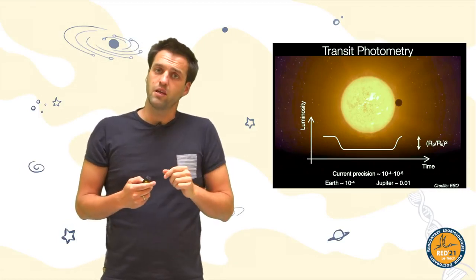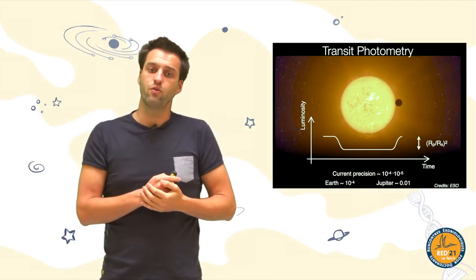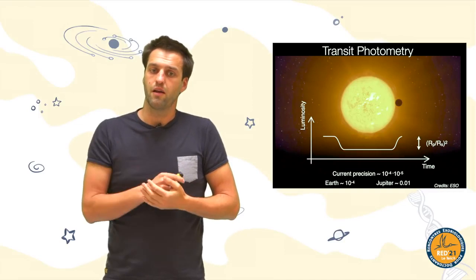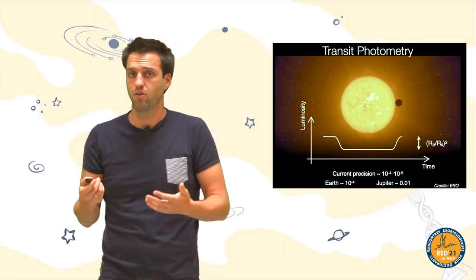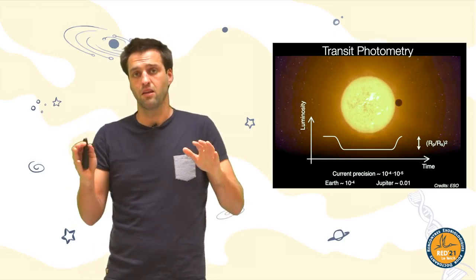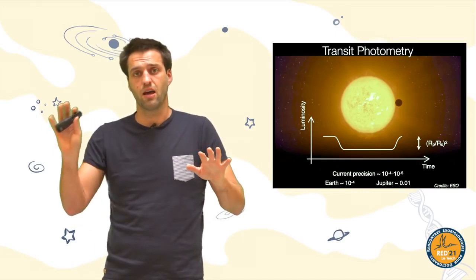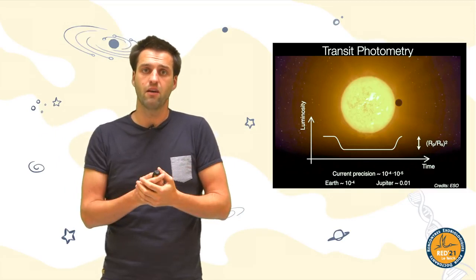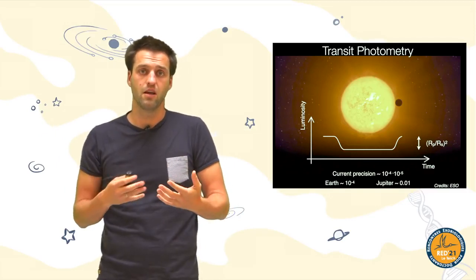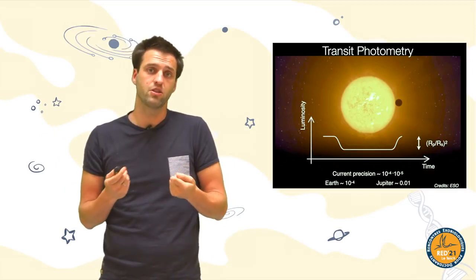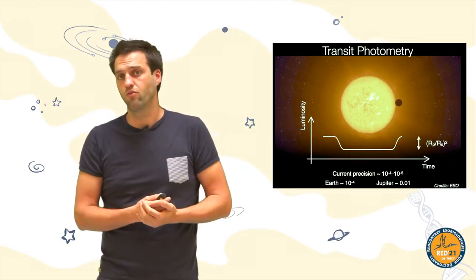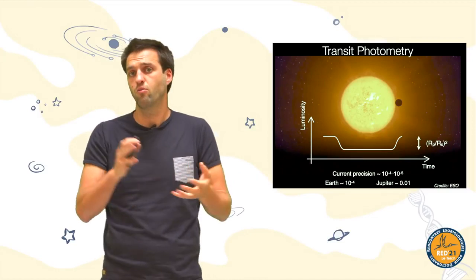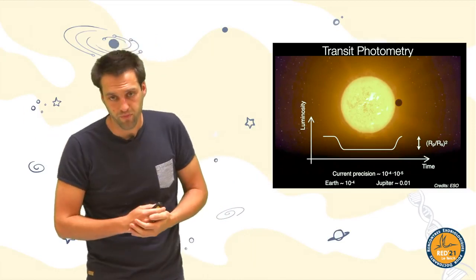That's really interesting, because it means that if we know a bit the star, measuring the photometry will tell us the size of the planet, not its mass. And if we can combine the two, we're going to have size and mass, so we're going to have information about density, which will tell us a lot about the composition of the planet, what it's made of, which is very important if we want to understand how it formed and if it's more like the Earth or more like Jupiter, for example.